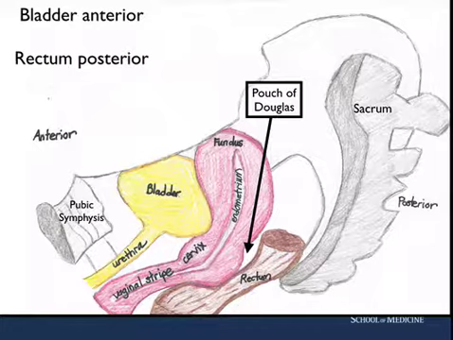If we look at the structures in the pelvis from anterior to posterior, what we first see is the bony pubic symphysis. Next, we see the bladder, which is the anechoic fluid-filled structure. The fundus of the uterus will oftentimes be seen wrapping anterior to the top of the bladder.